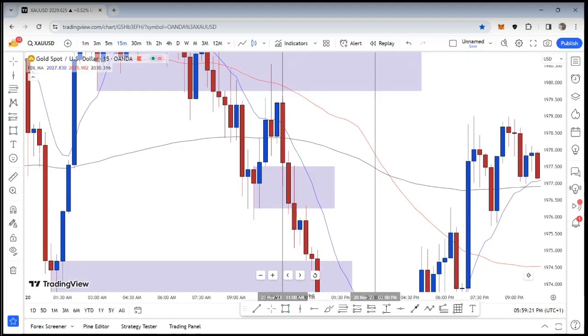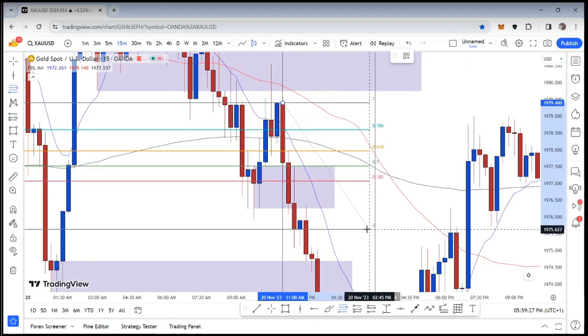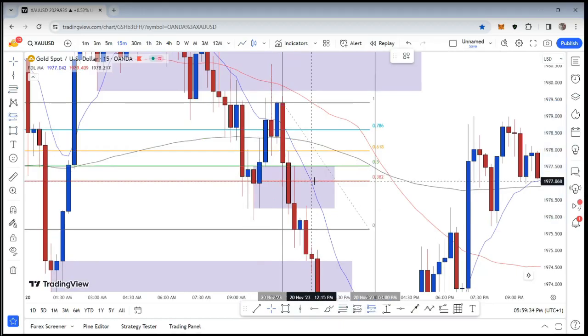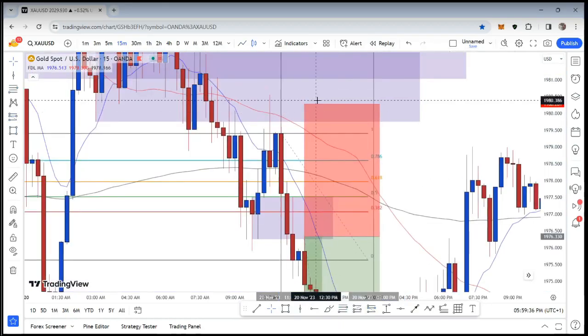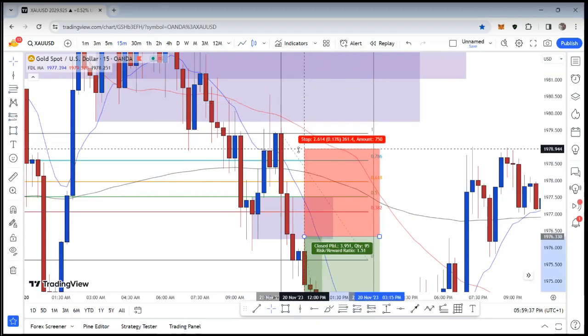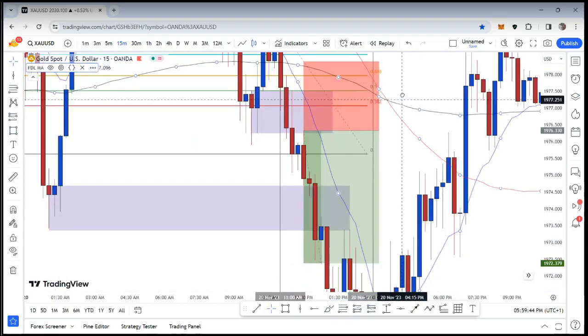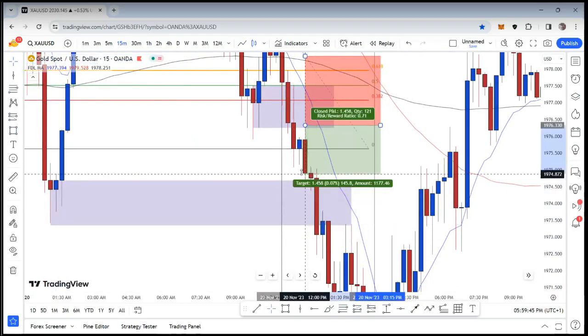Now, although this is a very small retest, I expected price to probably pull back to the 50% or the 38%, for us to start selling from. So my entry would have been from this level, and then this is 39 pips. I would have targeted a 25 pips stop loss, or probably can keep it at 20 pips, and then this would have been your immediate target, hoping that it will break.